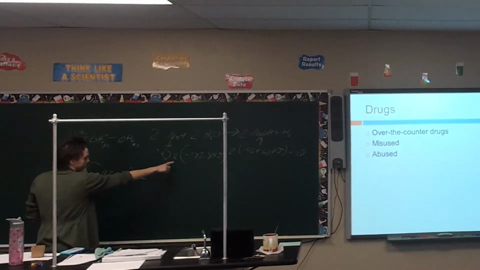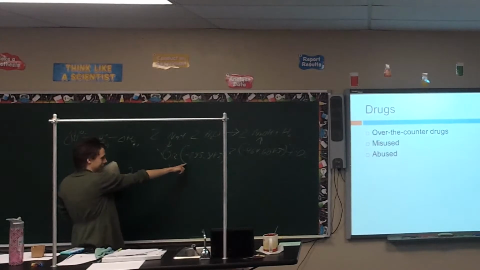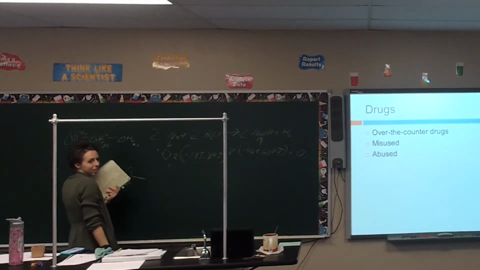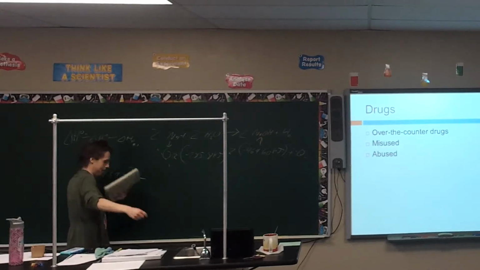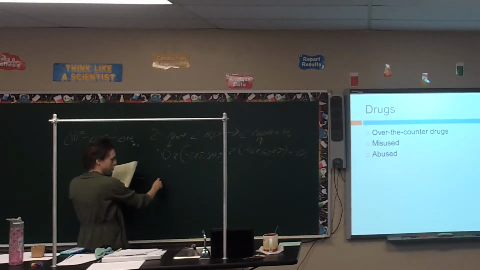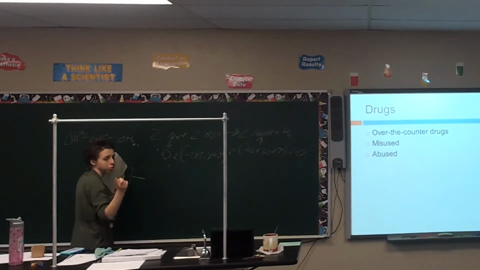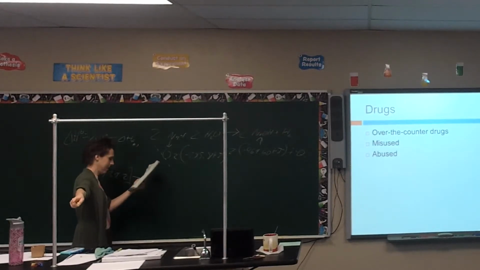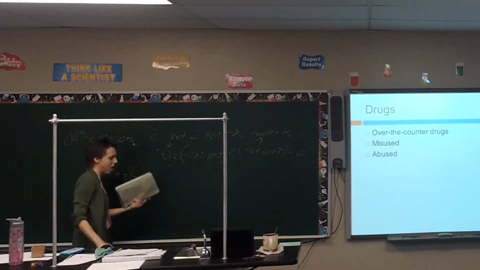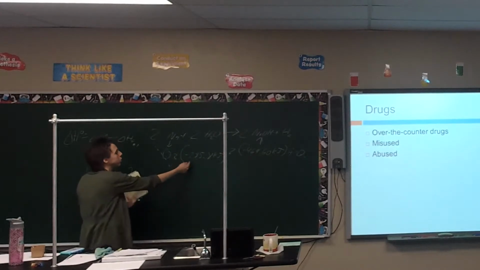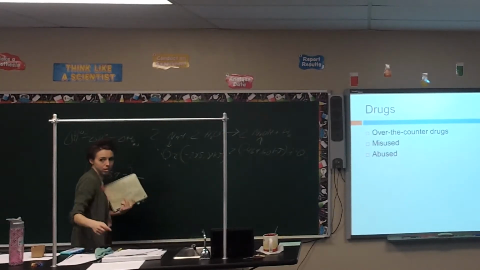Alright, and then the reactants are what? It's 2 times negative 285.8, so negative 571.6.